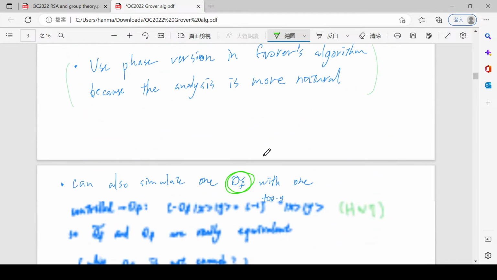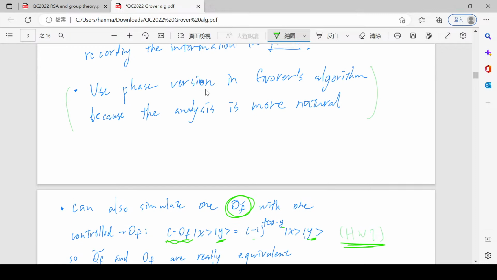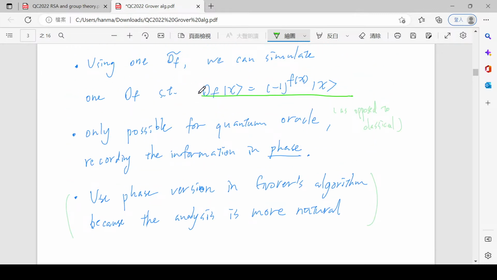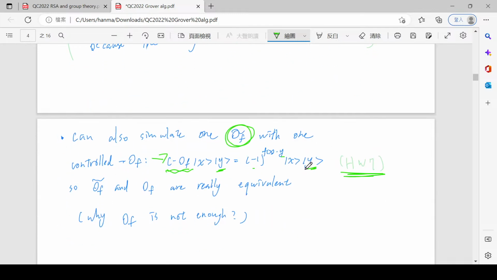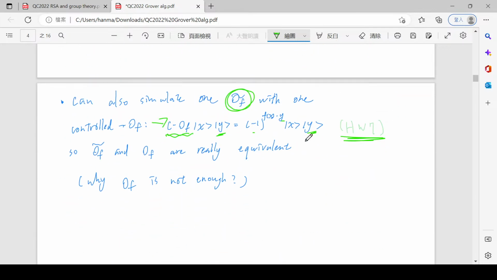Now, something about this. Obviously this thing is more powerful than this thing, because you get this extra control. And something little to say about this is that it is more powerful and it's necessary if you want to go back from OF to OF tilde.